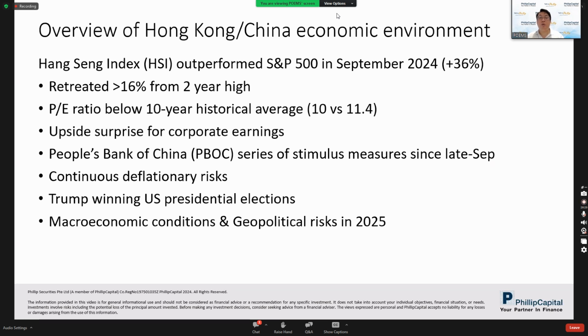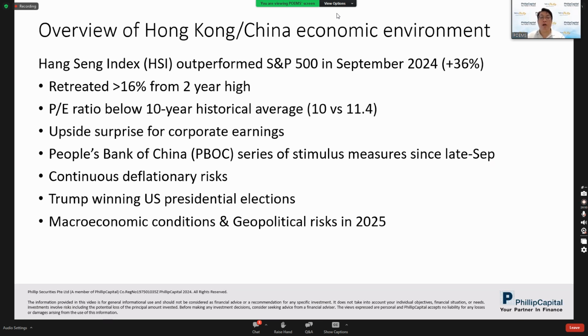The People's Bank of China's series of stimulus measures was the main reason for the rally in September. PBOC came in with a lot of different measures to help support the market, which I'll touch on later, to push up the economy, and the stock market did benefit from that as well.